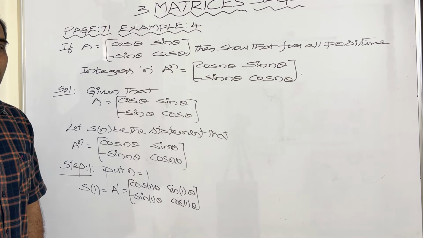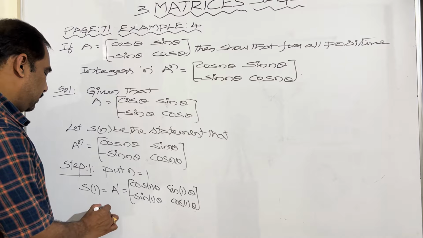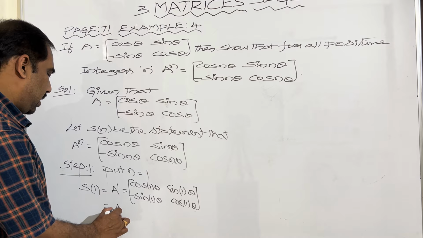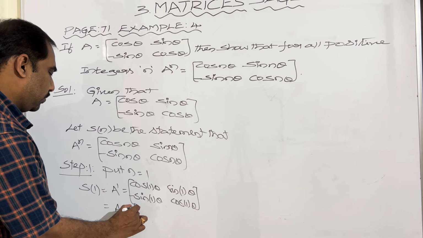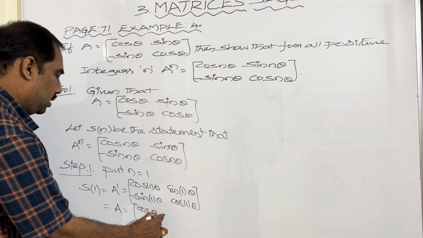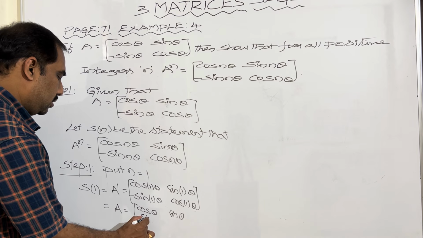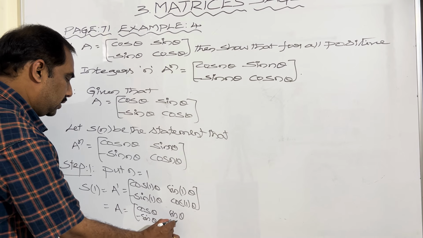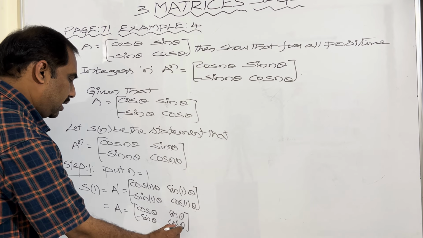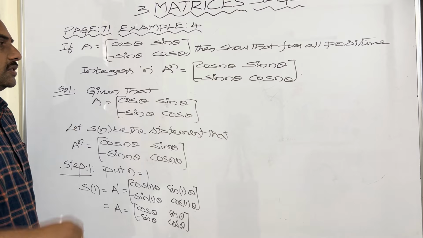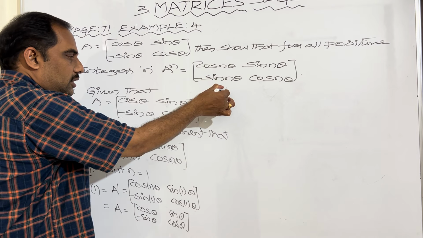Now what happens here? If you observe, this is the same matrix, A is equal to cos theta, sin theta, minus sin theta, cos theta. We get the same matrix A here.